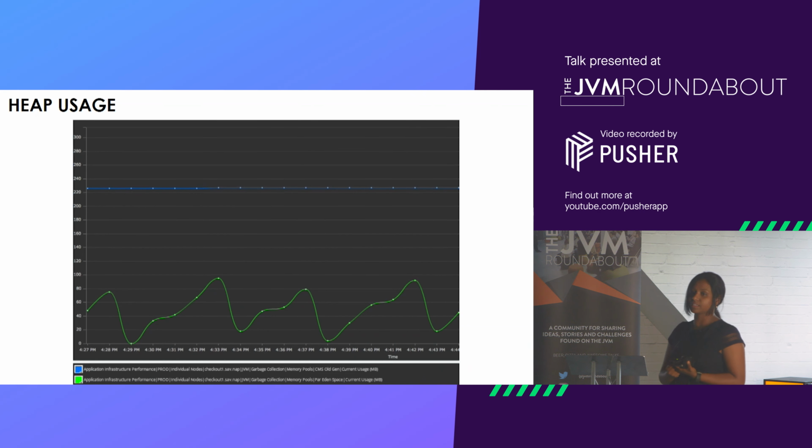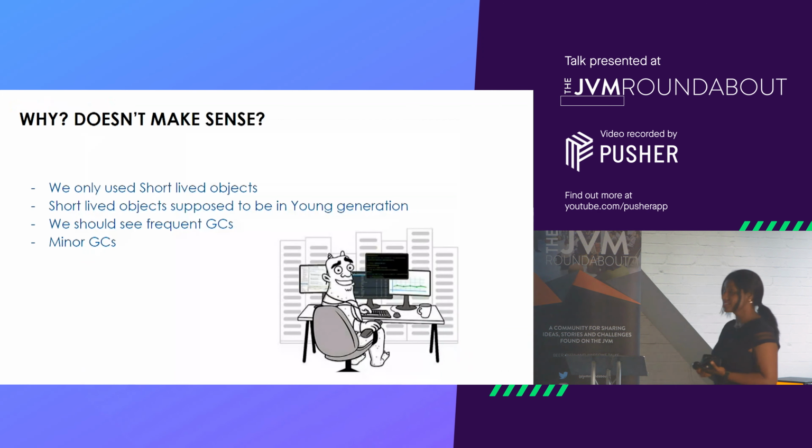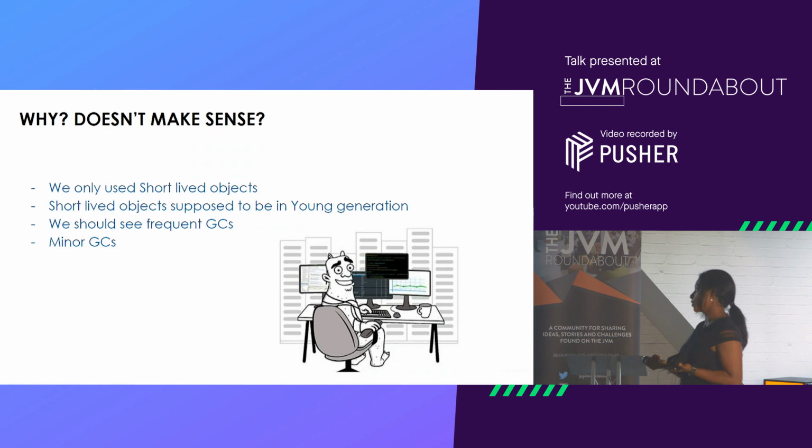But what was interesting and a bit puzzling to me was, why is there a high usage of the old generation? That doesn't make sense. And why doesn't it make sense? Because I was a big fan of immutability. Well, I still am. We were creating a lot of short-lived objects, right? So young objects, which means they're supposed to be in the young generation.